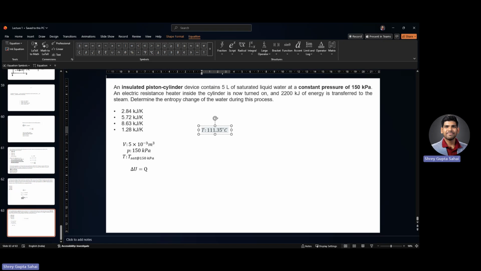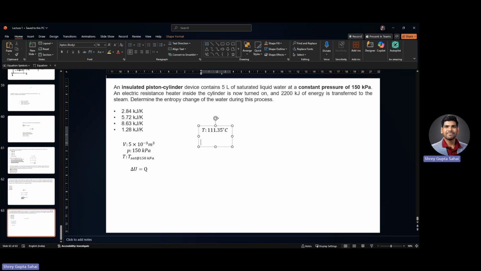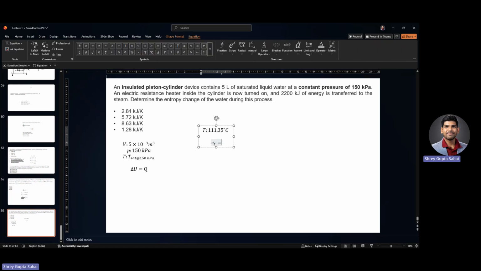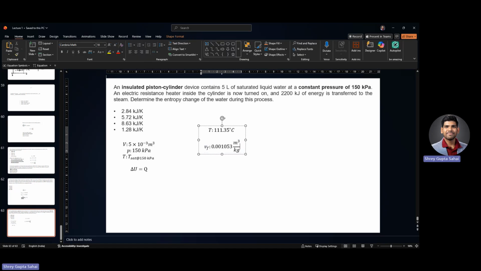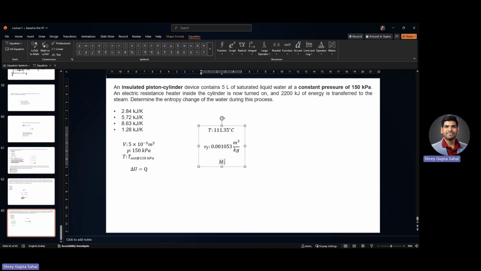That's the temperature. Let's also find out the specific volume of liquid, which is 0.001053 meter cube per kg, which will imply that the mass inside this system will be 5 times 10 to the power minus 3 divided by this.